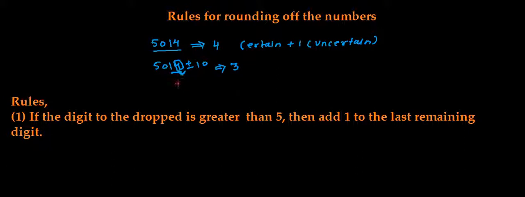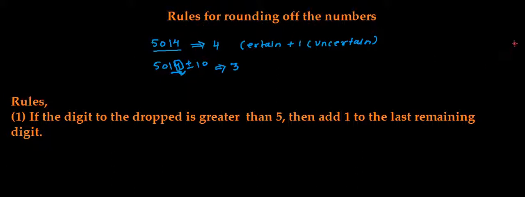For this we use the rounding off process to remove the digits which are not significant in any numerical value. There are 4 most important rules while rounding off numbers.